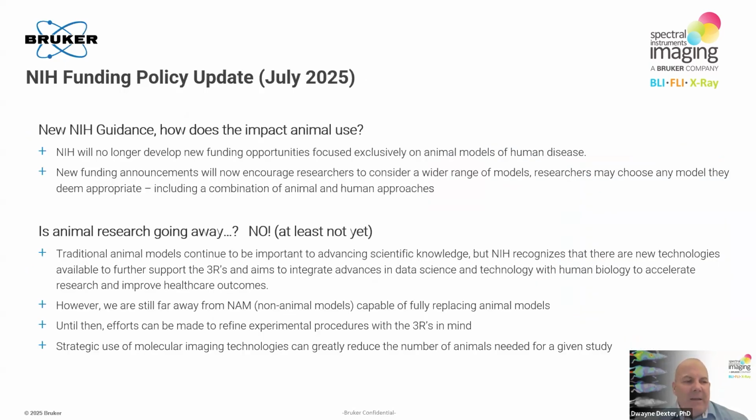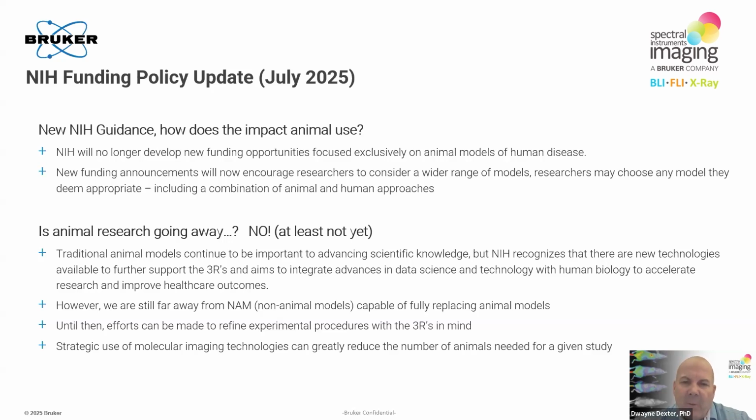So in July, the workshop that was held laid out some guidelines. There was, I would say, some robust conversation during this meeting. But essentially, the guidance from the NIH is that grant funding is no longer going to focus exclusively on funding grants that develop animal models only of human disease.